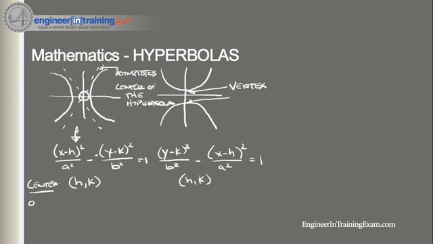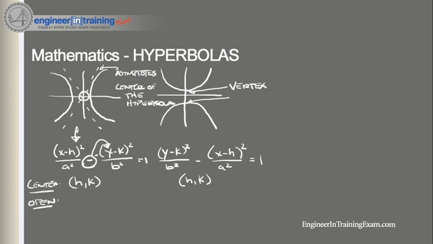Now we can also quickly see how the hyperbola is graphed, what it would look like generally. We could just visualize it by seeing what term this negative sign is in front of. For the hyperbola that opens left and right, this negative sign is going to be in front of the y term.